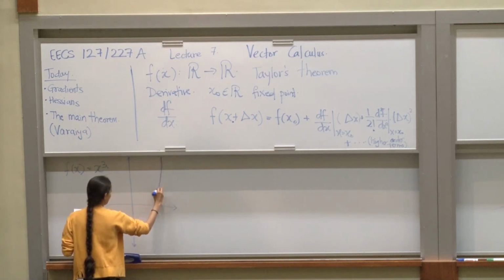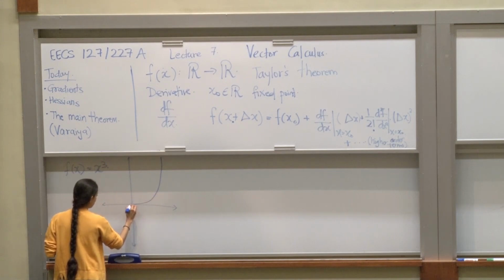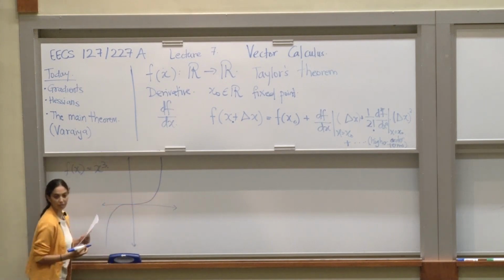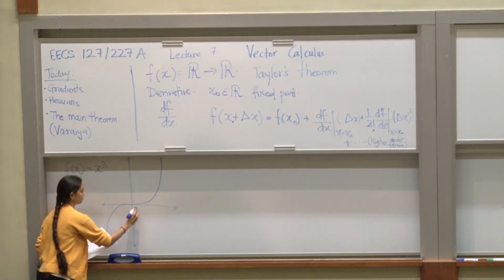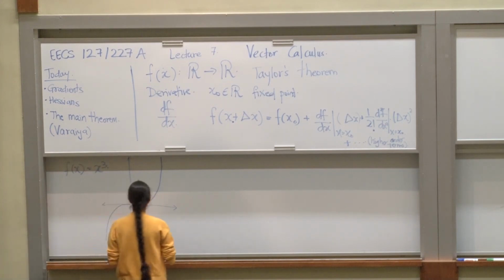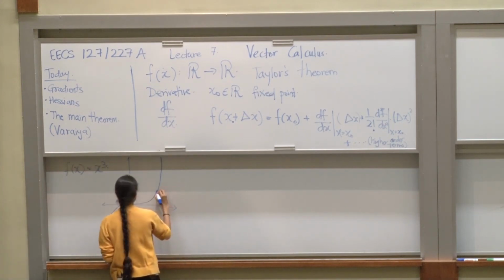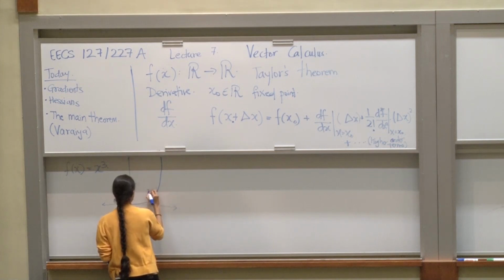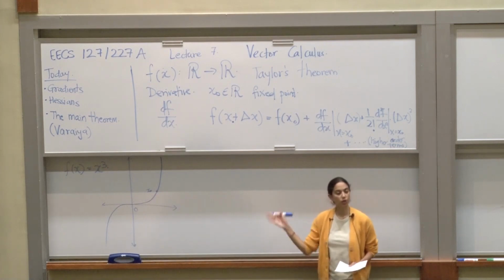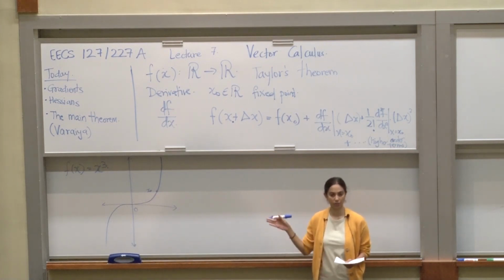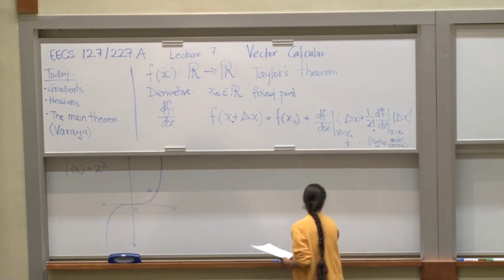So if I have now this x cubed, it looks something like this, right? F of x equal to x cubed. This is my 0. And let's say I want to approximate this function at some point here, x naught, okay? So the first order, or the linear approximation of the function at this point, what is that?